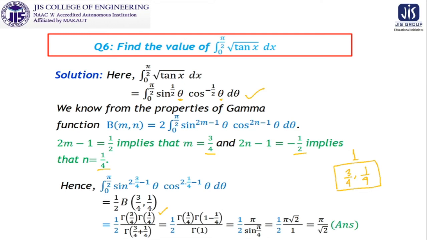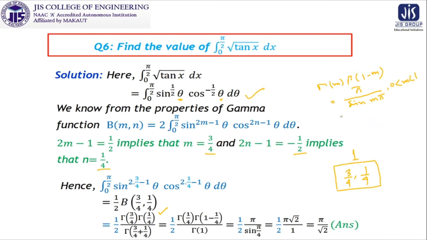The formula is gamma m into gamma 1 minus m is equal to pi by sin m pi, where m lies between 0 and 1.